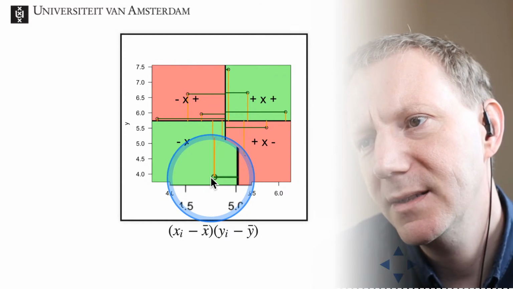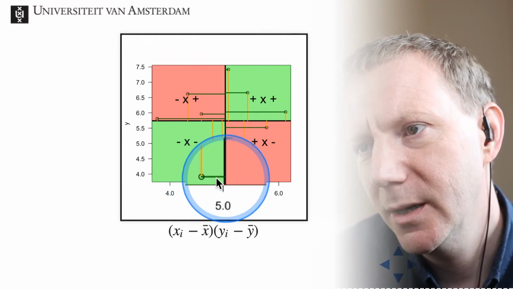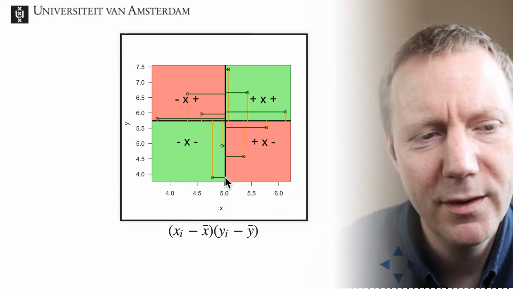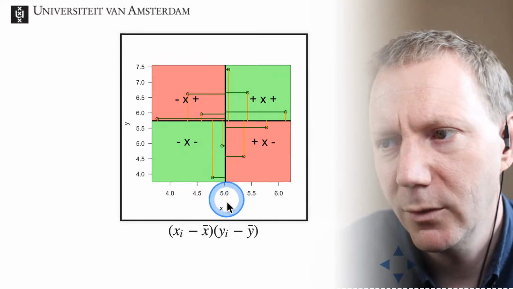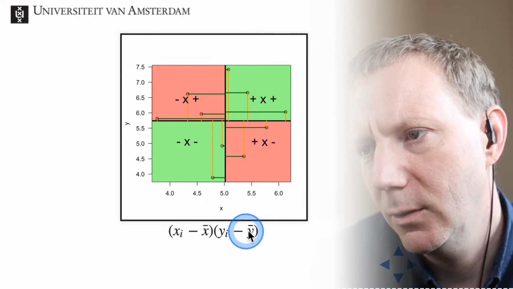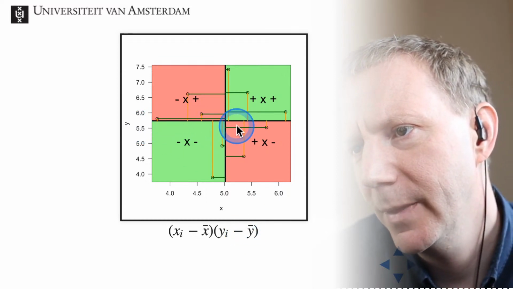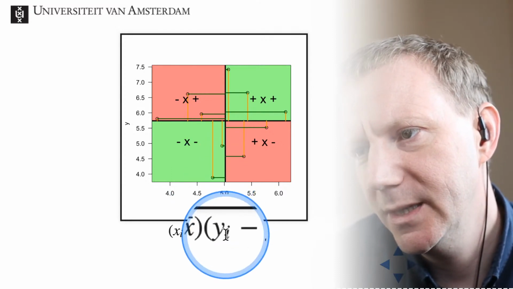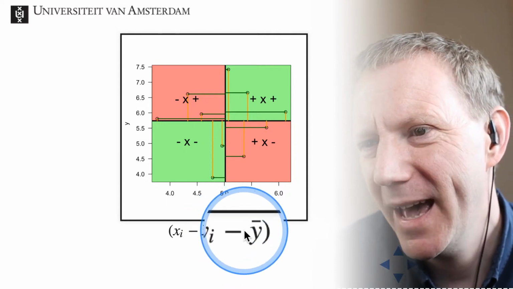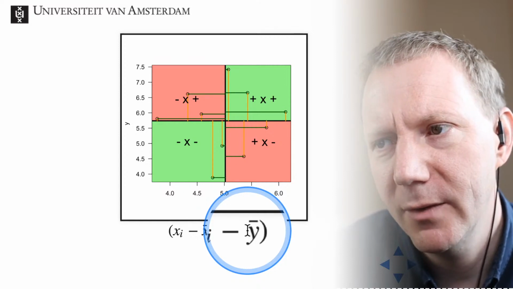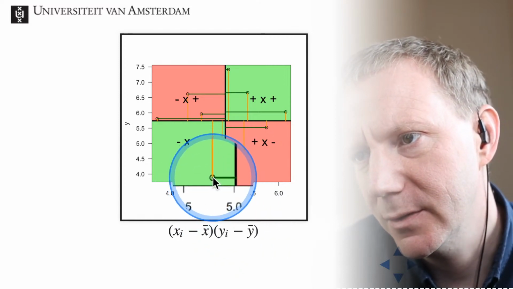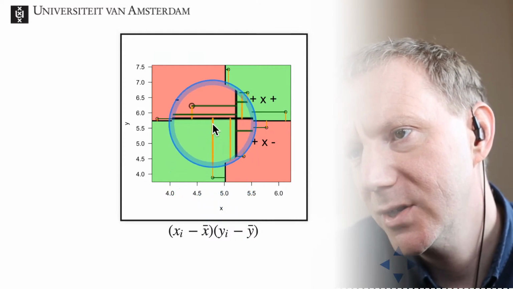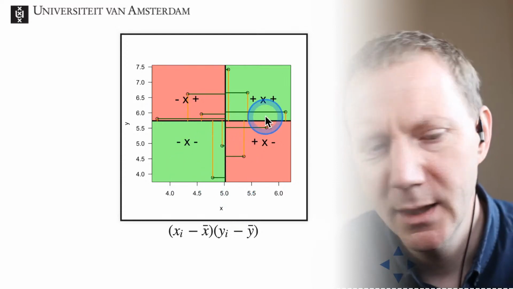We're seeing now that this person is quite close to the mean of x, and we can do the same for the y variable. So what is the mean of y? Well, this is here, and for this specific individual, we're looking at this difference, from the score for that person going all the way to the mean of y. So it's this distance. Does that make sense?